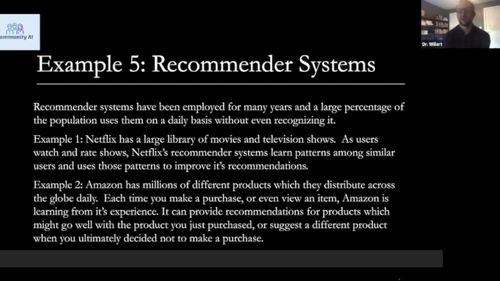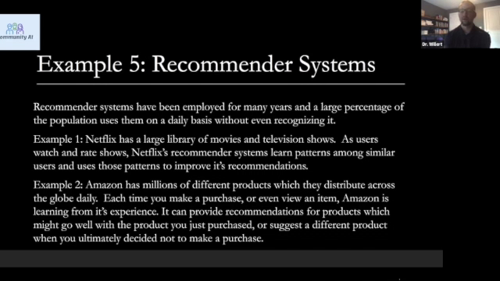Another example that you probably use or have used in the past is Amazon. They've got millions of different products which they distribute across the globe. And each time you make a purchase or even look at an item, you don't even need to buy it necessarily, Amazon is learning what your preferences are, and it's learning from each experience.